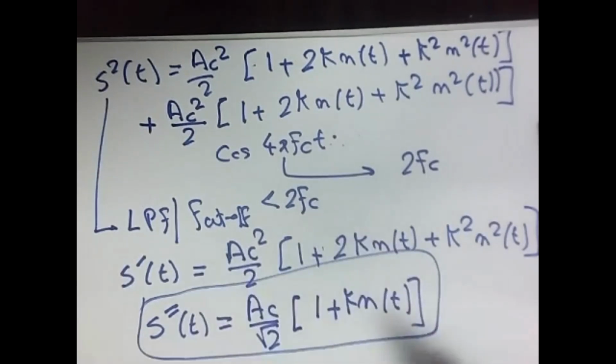But all this can be easily removed. For example, if you would like to remove the DC value, you can just pass the signal over a capacitor, and that's all. And using an amplifier or an attenuator, you can adjust the amplitude of your message. The technical content is in m of t, and you still have it through the m of t signal.